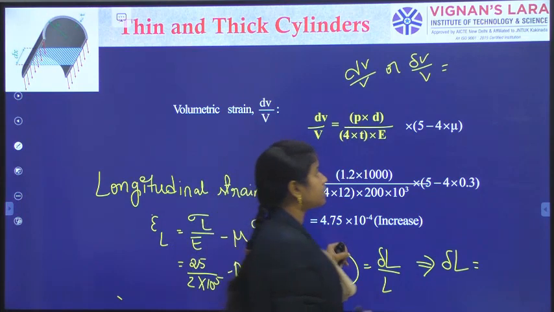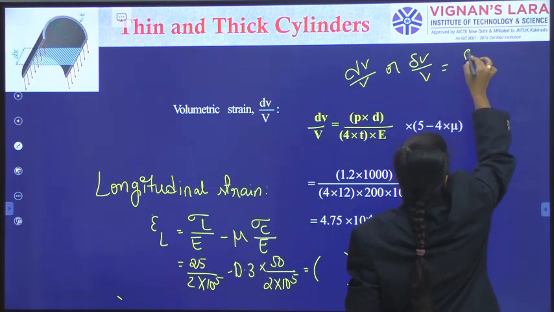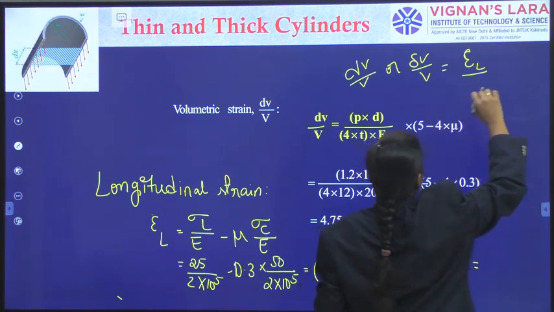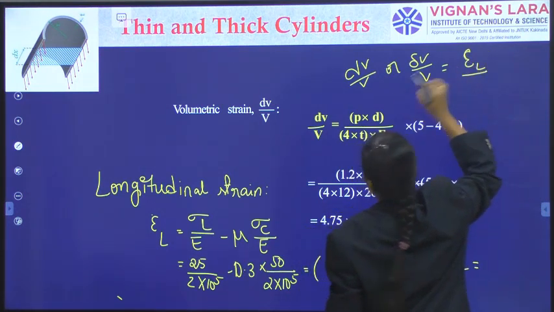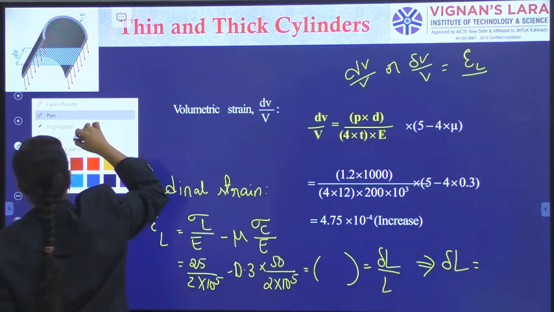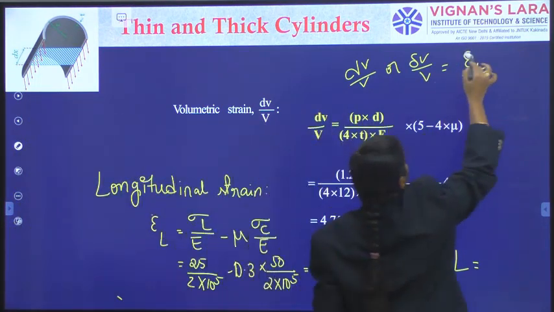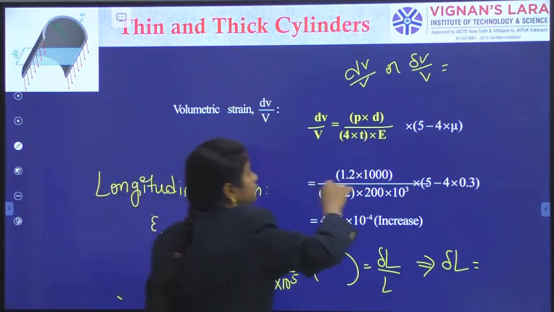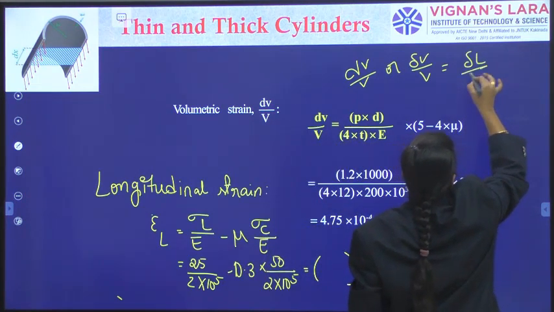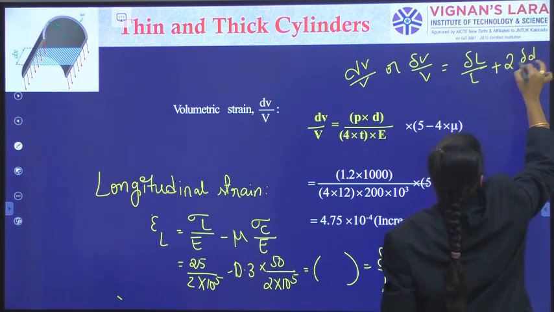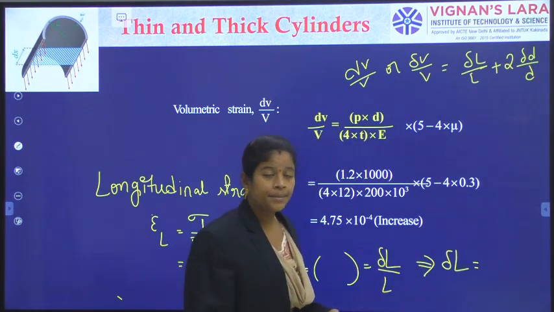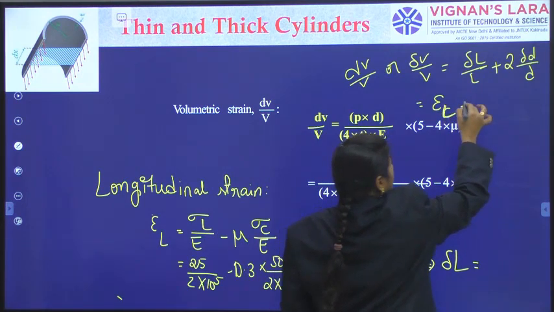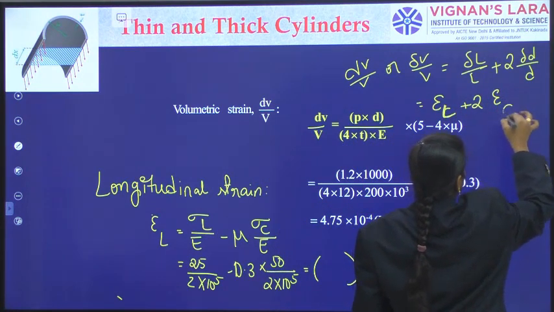Here the volumetric strain is delta L by L plus 2 times delta D by D. So delta L by L is my strain in the longitudinal direction, and delta D by D is the strain in the circumferential direction.